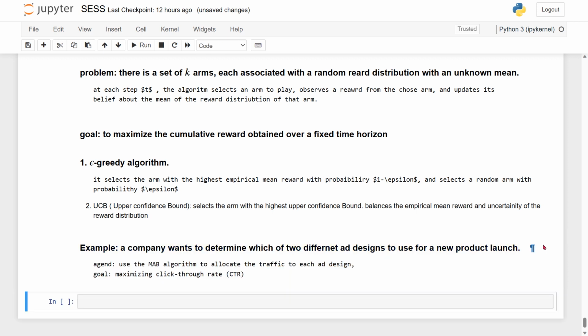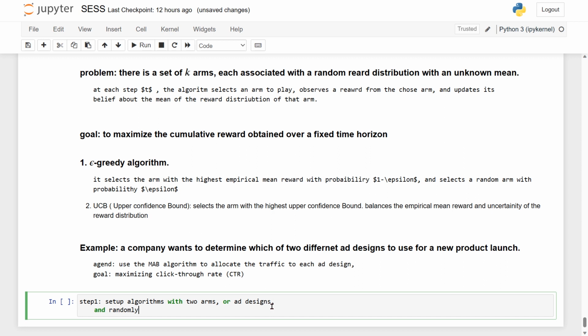Now we set up the algorithm with two arms, the two ad designs, and randomly allocate traffic to each arm at the beginning.